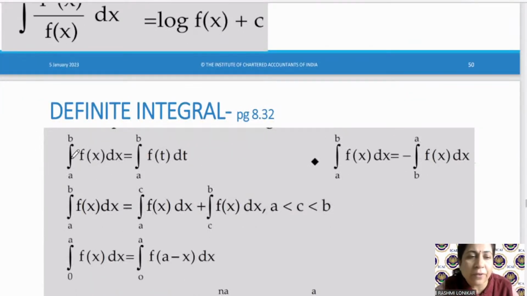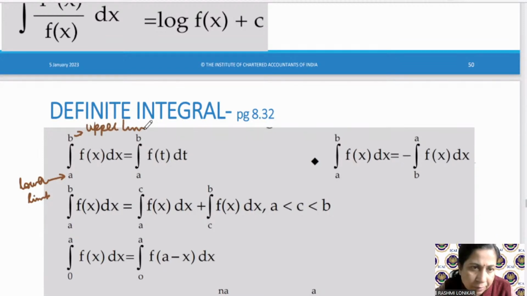So integral of a to b of f(x). So what is a? A is the lower limit. And what is b? B is the upper limit of x. In this case, it will be of t. Okay.